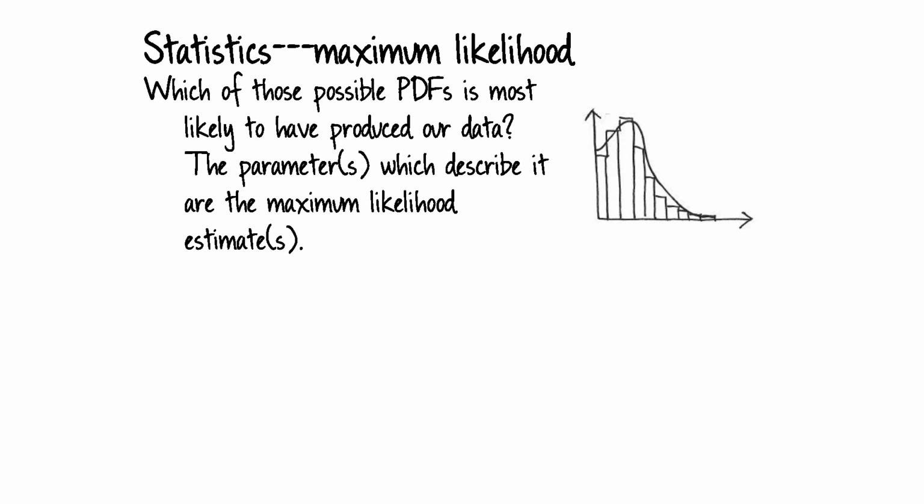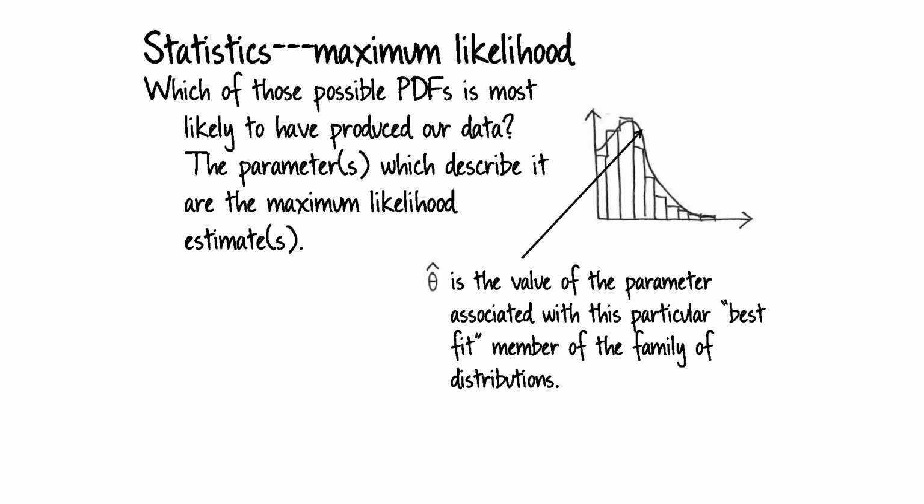Okay? The one that fits our histogram most closely, that's the one that's most likely to have given rise to our data. So theta hat, our maximum likelihood estimator, is the value of the parameter associated with this particular best fit member of the family of distributions.